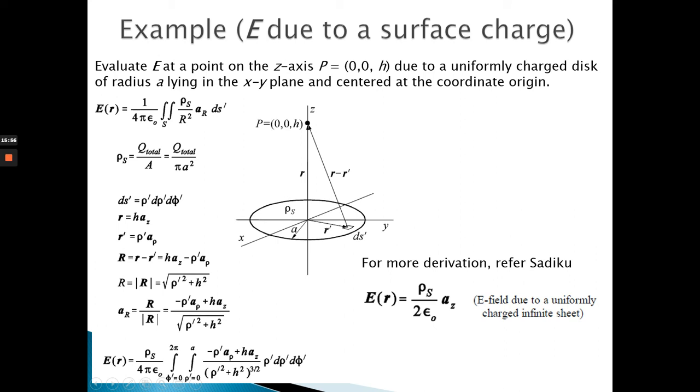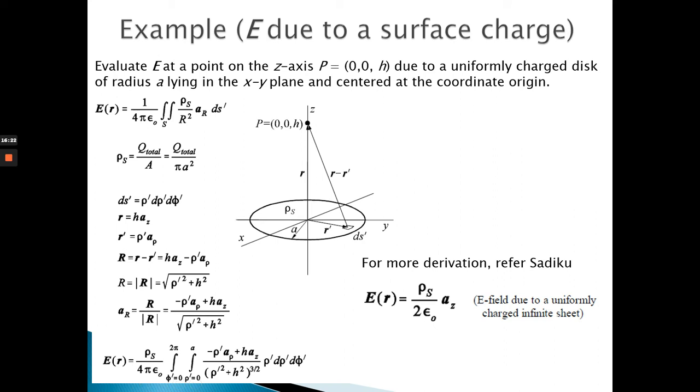For more derivation, you can refer to Sadiku, where the equation is defined directly. For a surface, if you want to find the electric field, you can directly use this equation: rho S divided by twice epsilon naught multiplied by a_z. Later on, we will use this equation to solve problems.